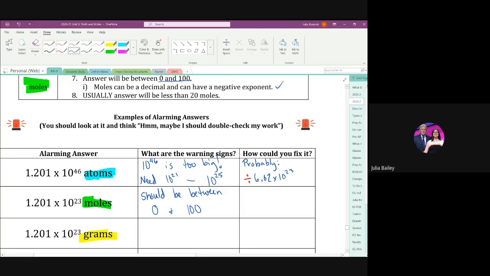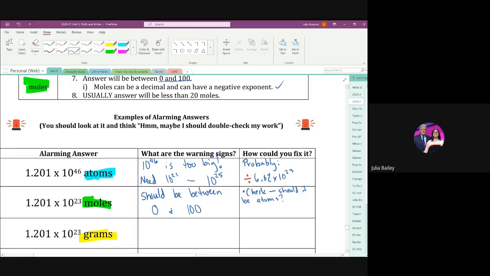So there's two things you could do to fix it. First of all, check. Maybe you wrote moles and you should have written atoms. That's one thing. You might be using the wrong unit for your answer.